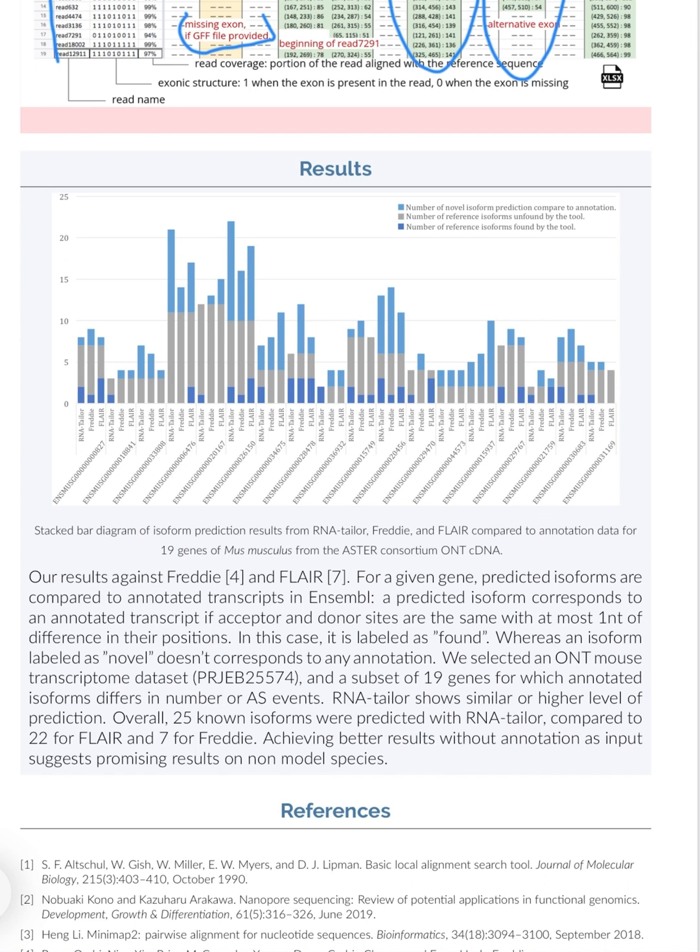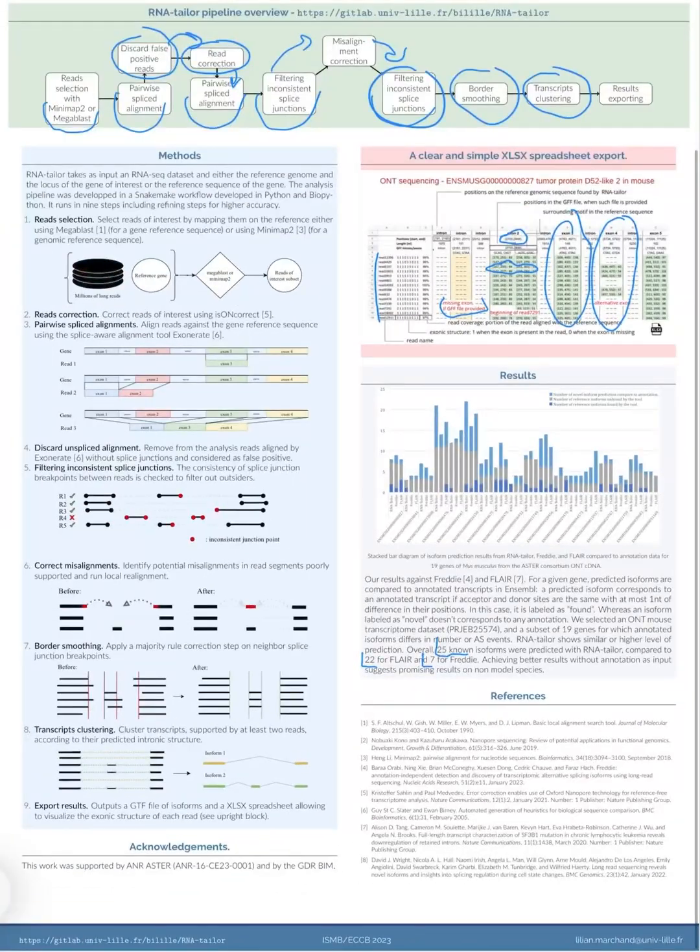As a result, we can see that RNA Tailor found 25 known isoforms against 22 for FLAIR and 7 for Freddie. So RNA Tailor is achieving either similar or better results without annotation, and that suggests very promising results, mostly on non-model species.